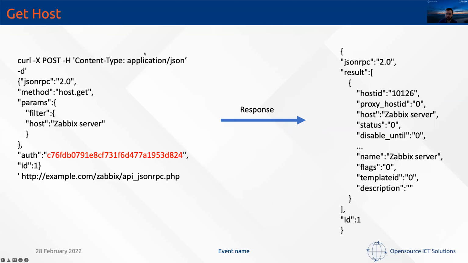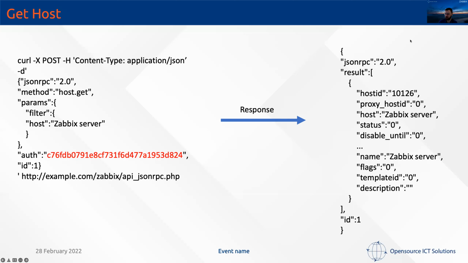In this case, set up that we want to do JSON posts and specify the JSON RPC again. This time we use a different method, host.get, with a filter for the host Zabbix server. We specify the authentication token as we received it or as we configured it in the Zabbix frontend with the ID and where we want to send it to, which is of course that API URL.